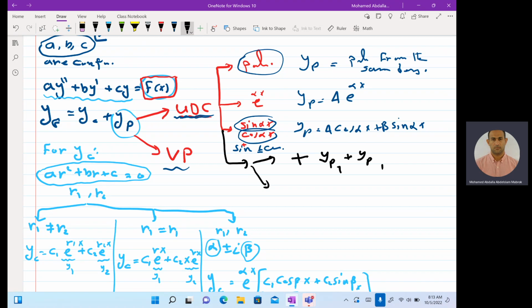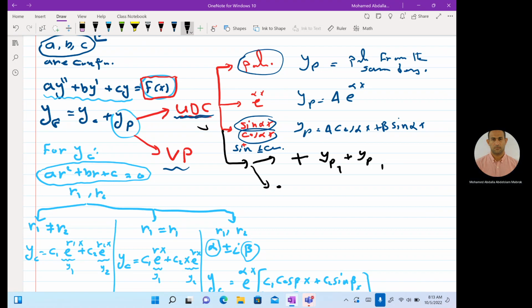Now I'm talking about the yp part. The yc part, we are already done with it. If you have two members of these families that are multiplied, we multiply both yp's. And I guess this should be okay by now, because we did quiz 2 and things were okay, I guess.